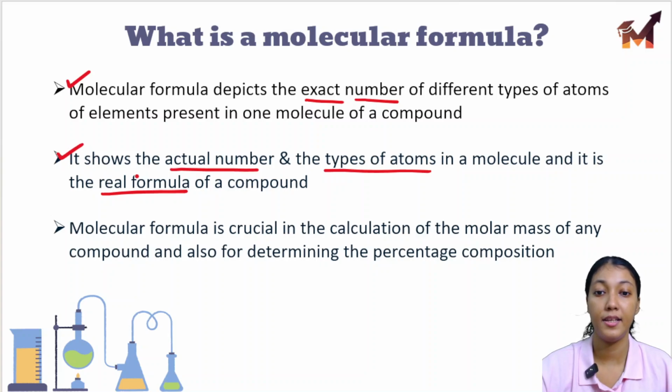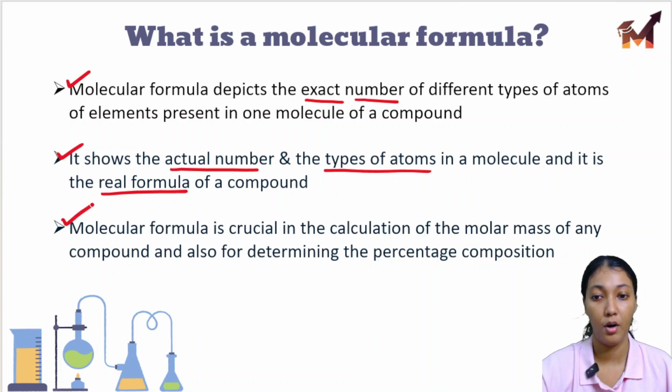It tells us how many elements are in the compound, how many atoms of each element there are, and everything about the compound. So it is the real formula. It gives the actual number of the atoms that are present.